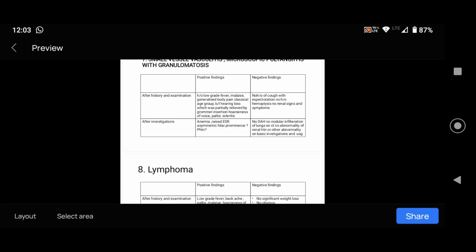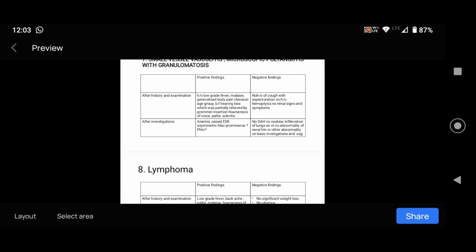But the features not in favor of this disease were that there was no history of cough with expectoration, no history of any hemoptysis, no signs and symptoms of any renal involvement in this patient, and no history of any epistaxis or any episodes of bleeding from anywhere.